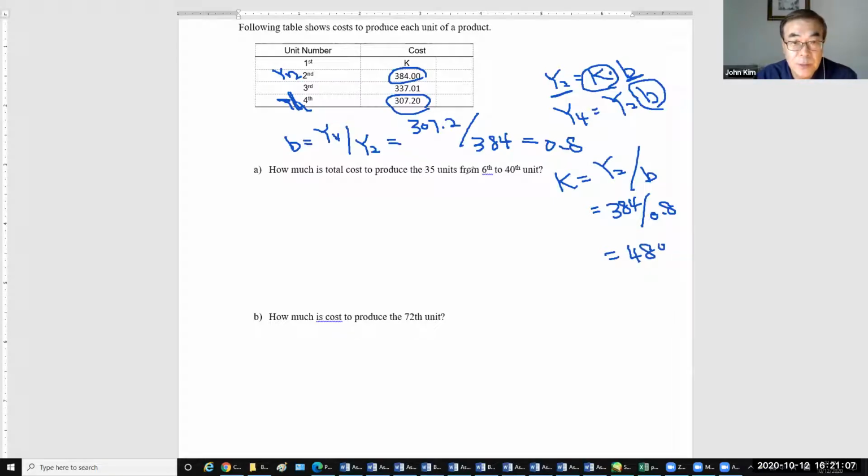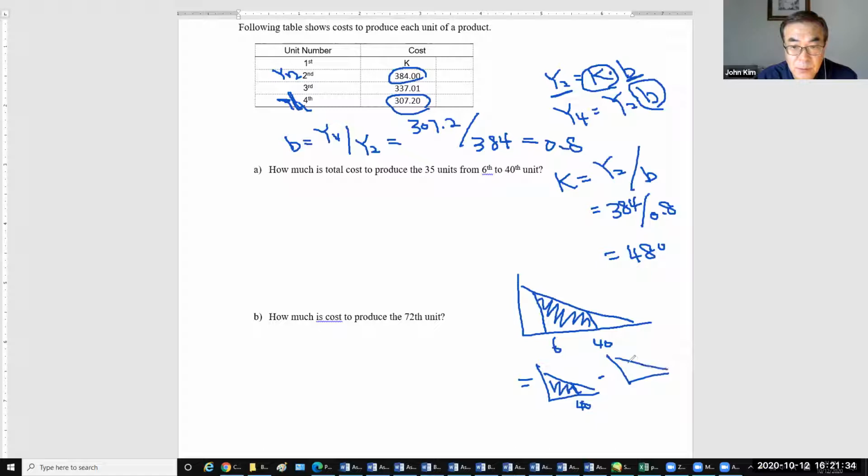And then this question, from 6 to 40, this area, but that will be up to 40 minus up to 5, not 6.